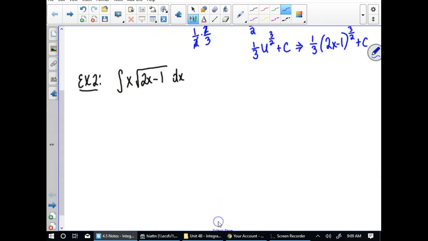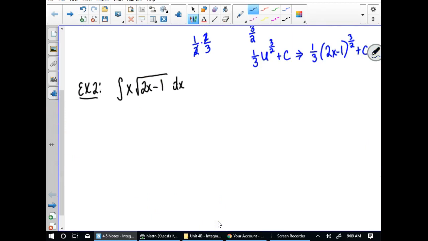Okay, it almost looks the same. But what's the problem with this one? You've got these two things multiplied, and this x out here, that's not your du, right?